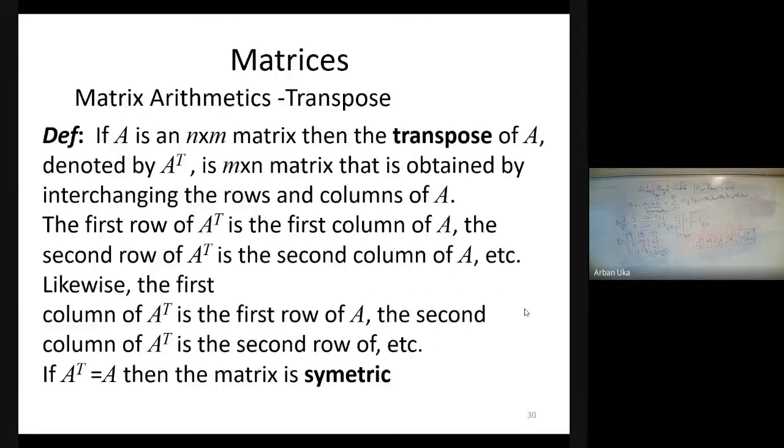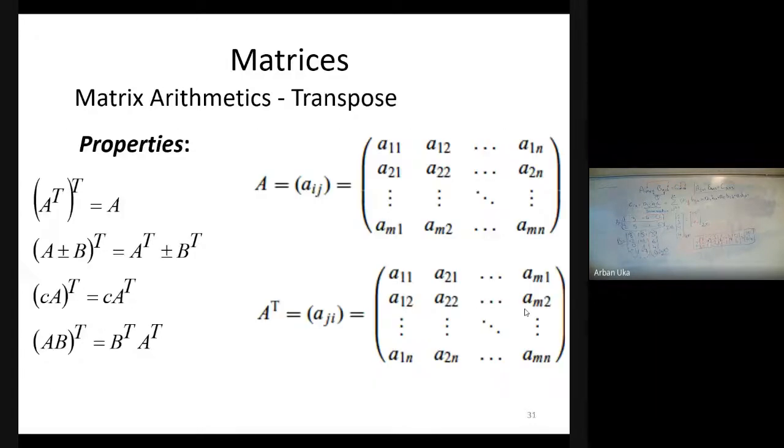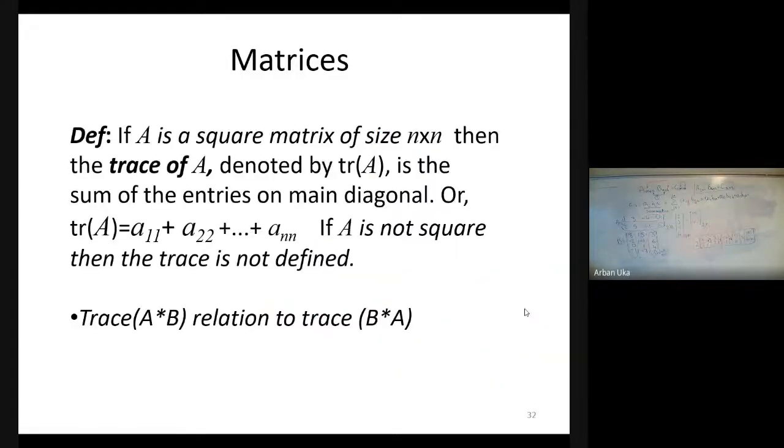Now, we're going to cover a couple of examples, but before we go any further, we can also define the transpose of a matrix. I'm going to show an example on the board regarding this. But let's see, this was about the trace. Trace is also a very important parameter. Trace is the summation of the diagonal elements of a matrix. If the matrix is not square, we don't have a trace.